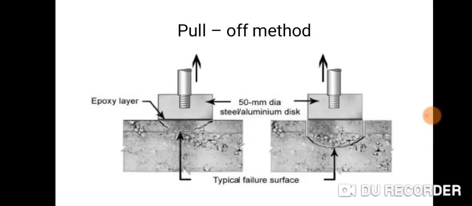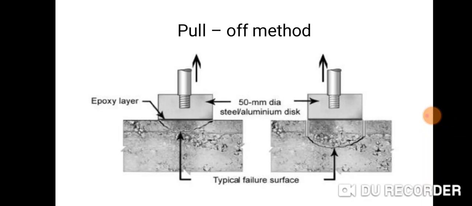Two variations of the test are possible. In the first case, a metallic disc is glued directly to the surface of the concrete and pulled off to measure the force necessary to pull a piece of concrete away from the surface.